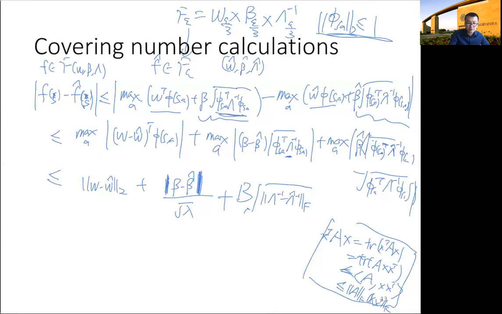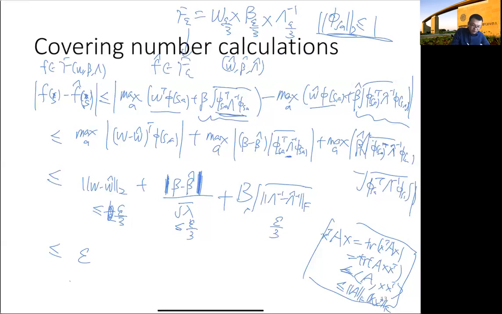Covering set of the vector spaces actually gives rise to a description of a cover set of the function. And by this derivation, if we can bound this by epsilon over 3, and epsilon over 3, and epsilon over 3 as well, then altogether this gives me epsilon, right?